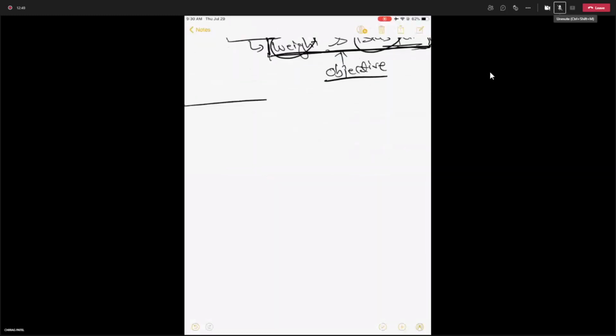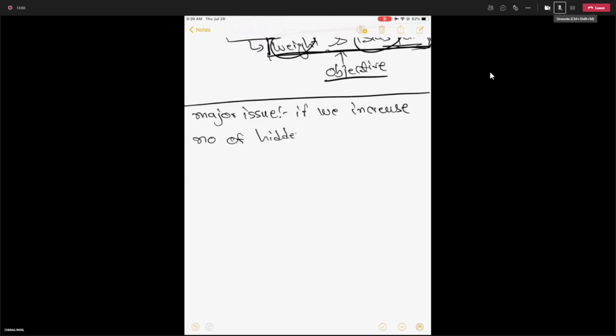So the first major issue: if we increase the number of hidden layers, then your system has the problem of vanishing gradient.